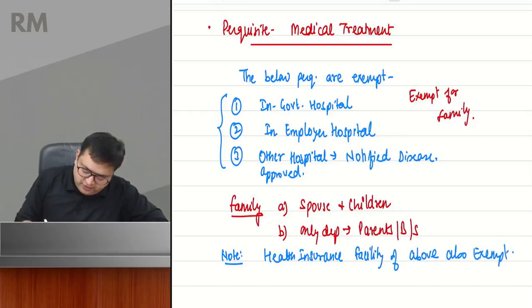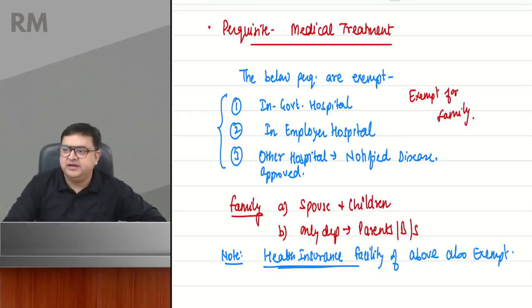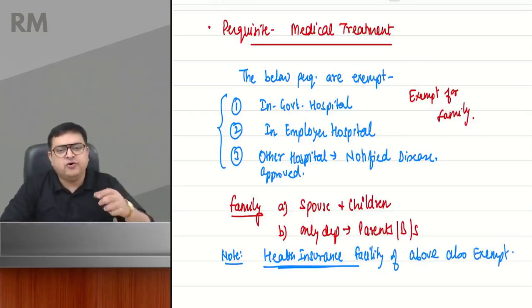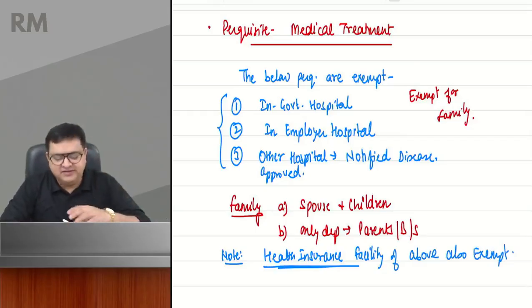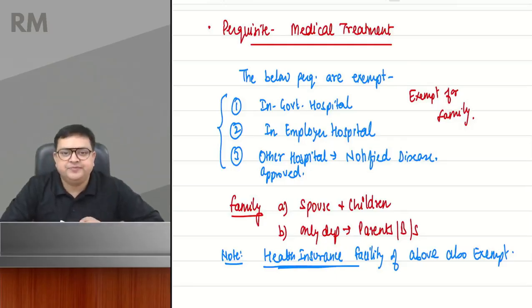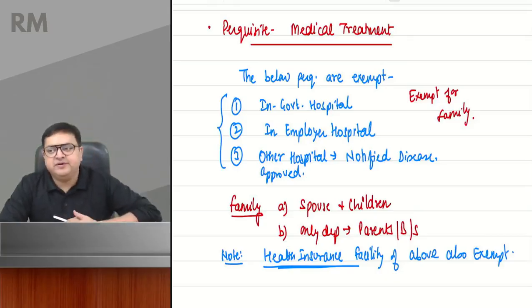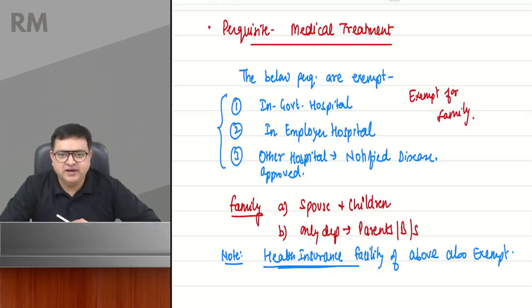So if the employer is giving you a health insurance facility for the employee, or even for these family members who are written over here, health insurance is fully exempt. It is one of the important points here. It comes in examination. Whenever it's a salary question, the health insurance which you receive from the employer for us and for these family members is also exempt. Correct?